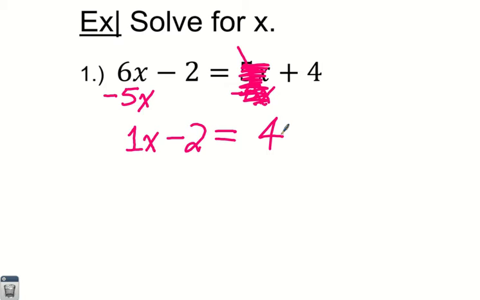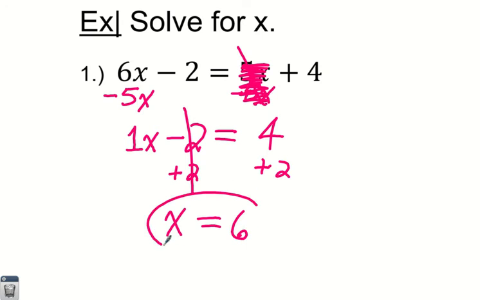And now we go from here. We add 2 to both sides of the equation, and again, 1x is just x. And so we're done. There's not going to be a need to divide both sides by 1, because 1x is just x, and so we're done.